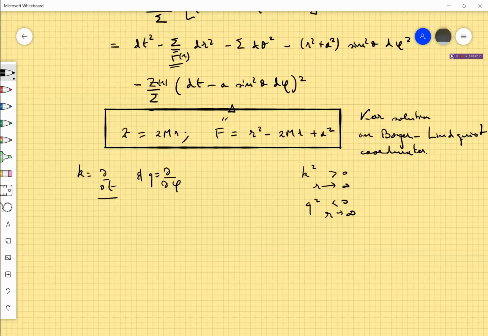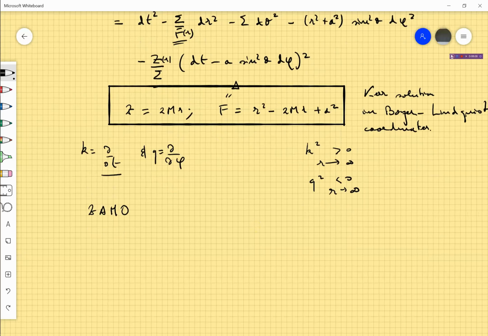But this doesn't have to be the situation globally, as we have seen in Schwarzschild or Reissner-Nordström, for instance. So in relation with this, you can introduce a class of observers, which are called zero angular momentum observers, ZAMOs. And these ZAMOs, by definition, are those which have zero angular momentum.